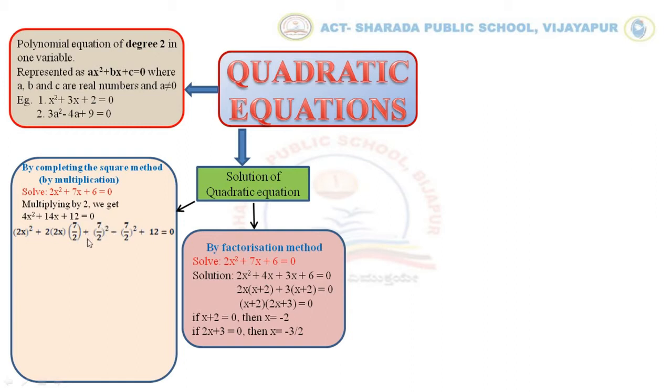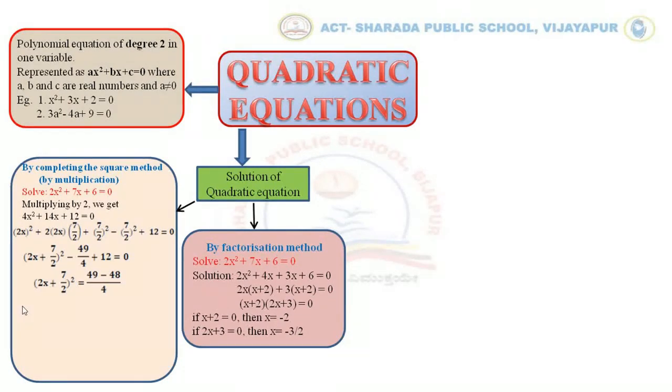Since we are adding this 7 by 2 whole square, we are subtracting it again, then plus 12 is equal to 0. Now, including all these three terms, we can write it as 2x plus 7 by 2 whole square minus 7 by 2 whole square, which is 49 by 4, plus 12 is equal to 0.